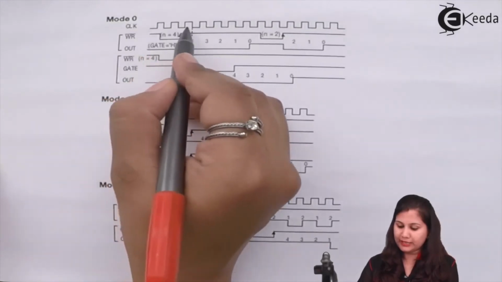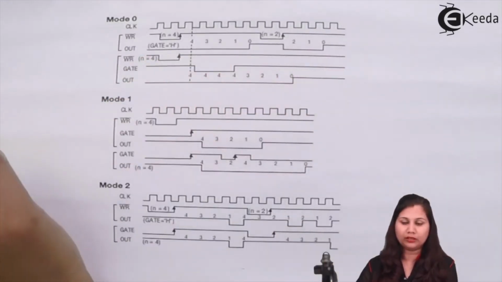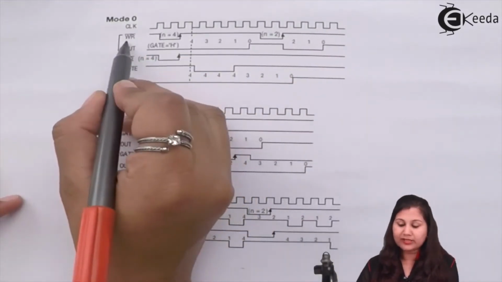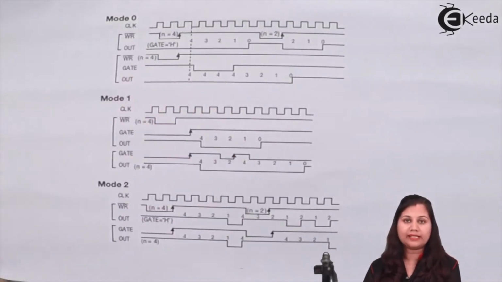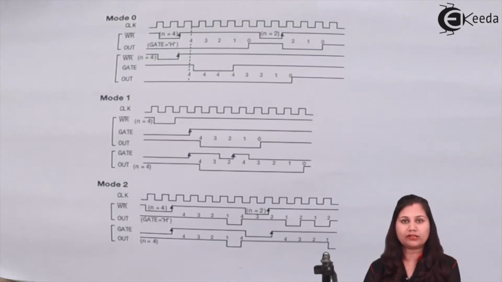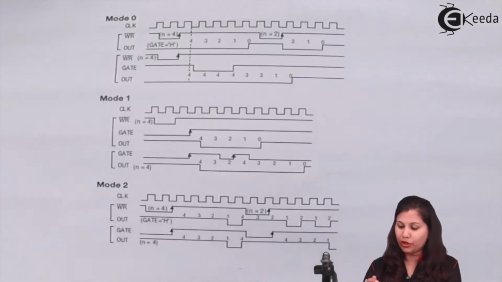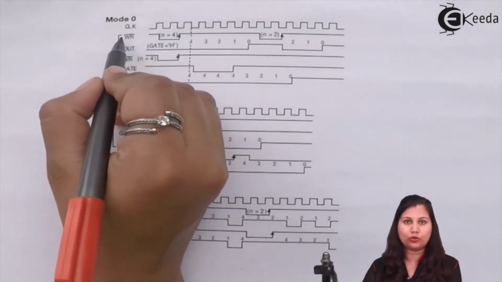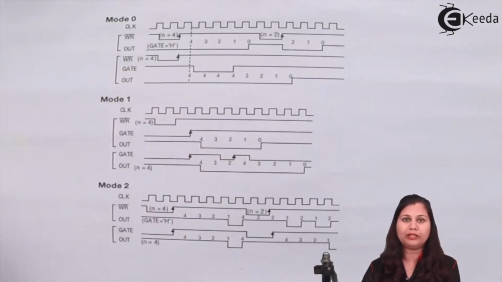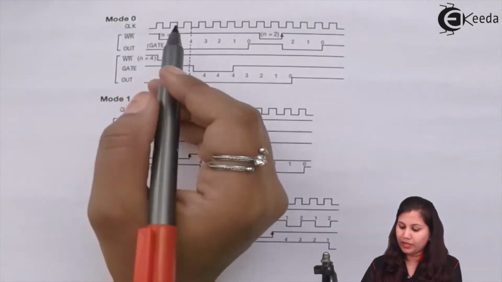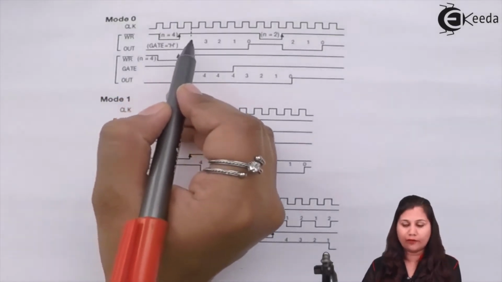You can see that this is the clock input to the counter. Now this is the write signal, because the write signal loads the count value into the counter, and also the control word is written in the control register. So when this write signal is low, the count value will be loaded into the counter. Here the count value is 4.